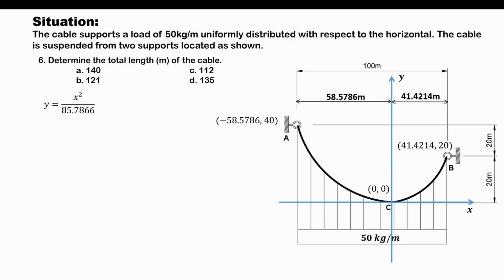So now let's derive the formula that we will be using in computing for the total length of the cable. What I will be discussing to you is a typical integral derivation of the length of a curve. So basically, we need to consider an infinitesimal element of the cable.